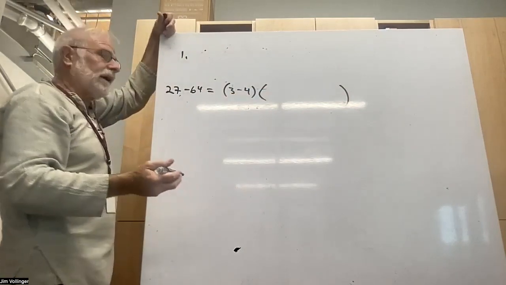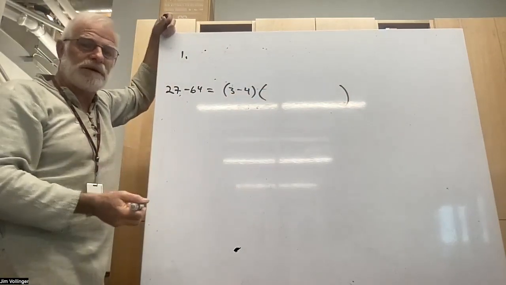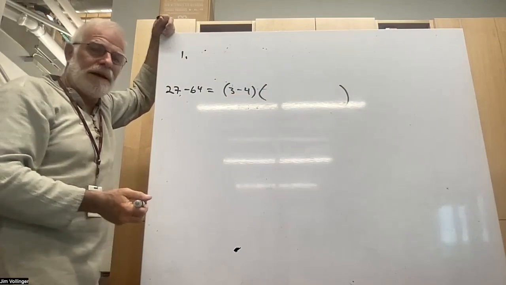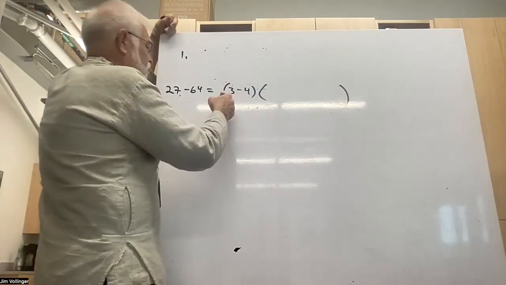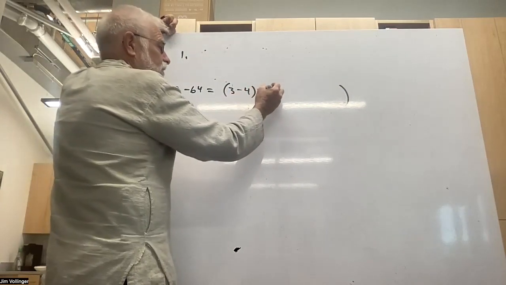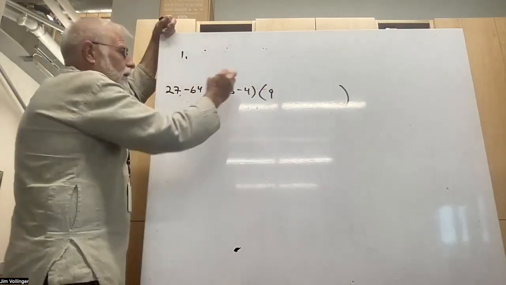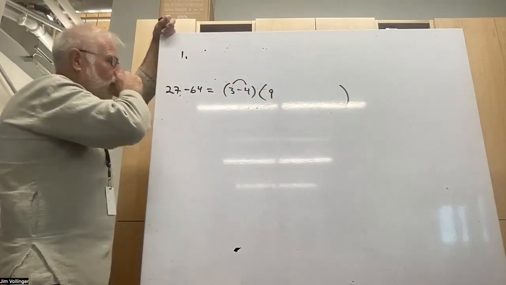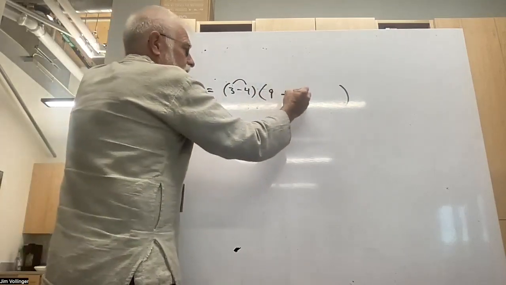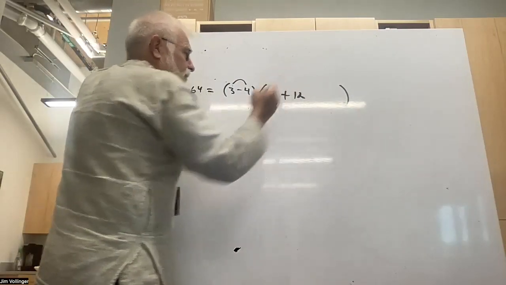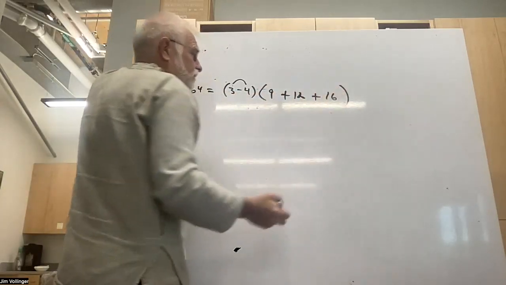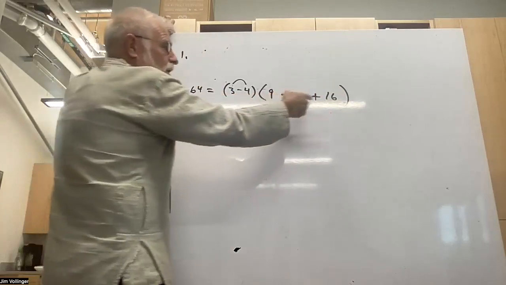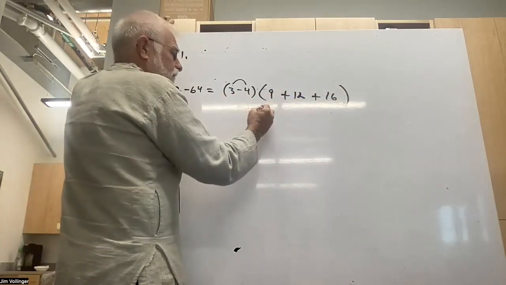So I hope you're taking the time to actually master this so you don't have to look at it in a perplexing way the rest of the term. To get 27, I got to get 9, which is 3 squared. The product, 3 times minus 4 is minus 12. We just have to change the sign of that product. And we square the last term, which is always going to be positive.